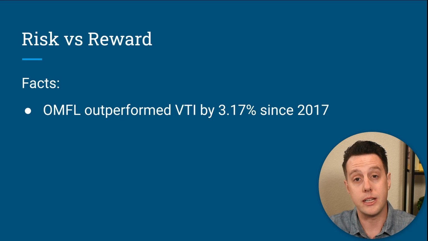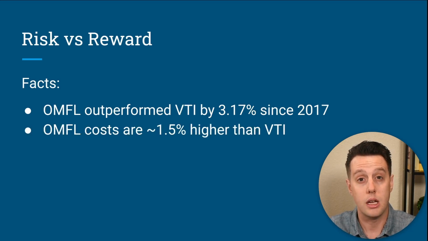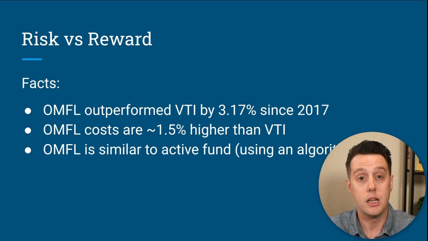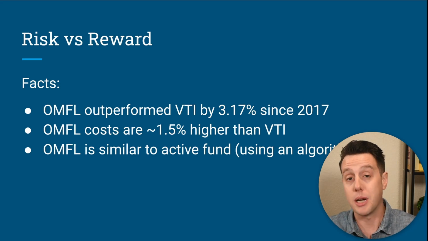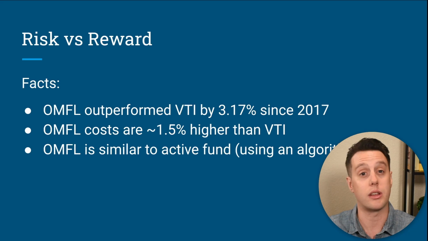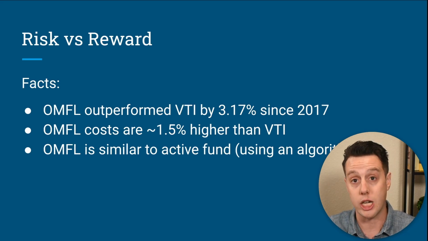OMFL outperformed VTI by 3.17% since 2017. OMFL costs are almost 1.5% higher than VTI. OMFL is similar to an actively managed fund. It is using an algorithm based on some fixed criteria, but it is similar in that it is adjusting the portfolio as economic and market indicators change.